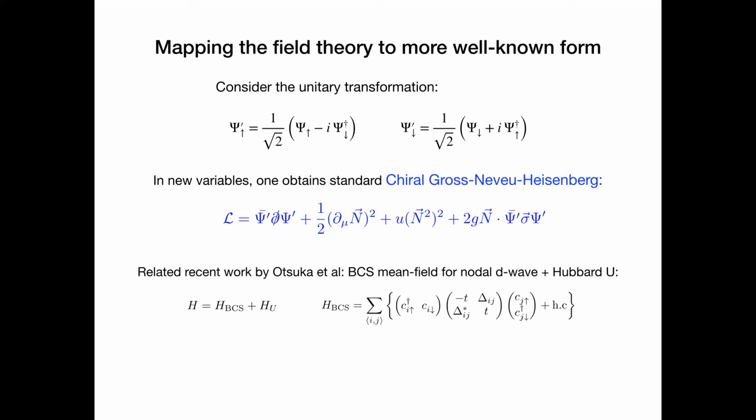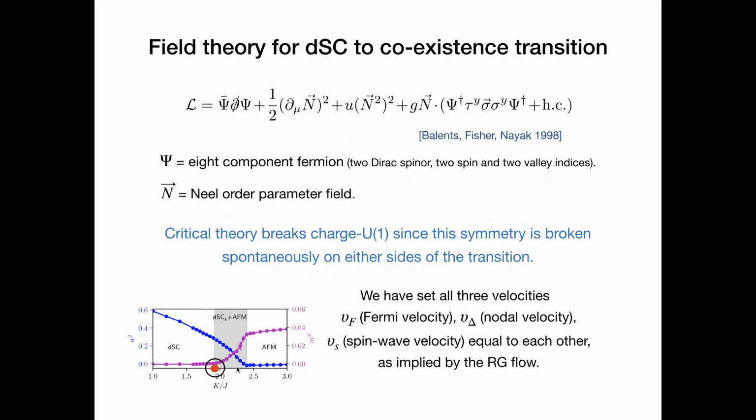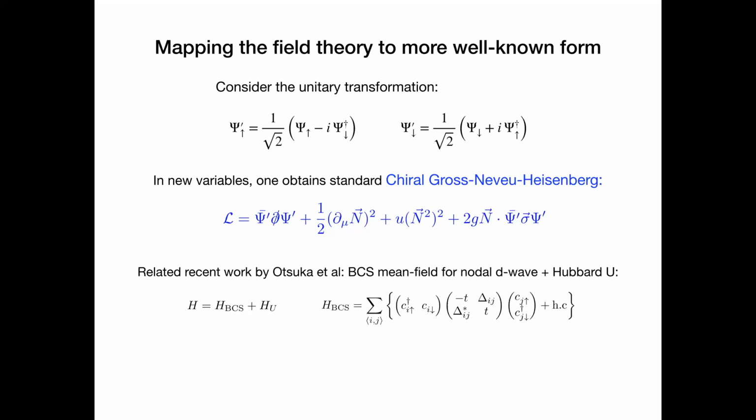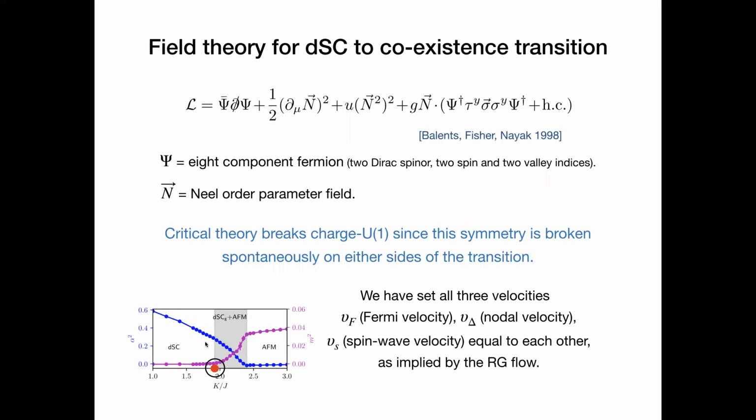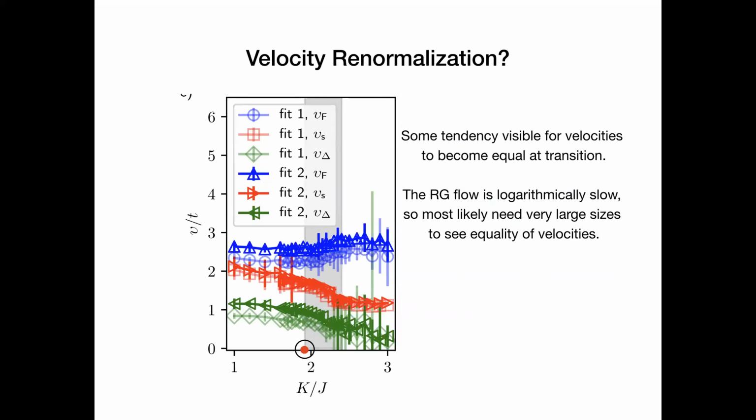If you think about the low energy theory of our transition, you will recover it from this model also. So you won't get our phase diagram, but if you're just interested in this specific transition, you can recover it from this, because the charge U1 is explicitly broken on both sides of this transition. So that's fine. Anyway, I thought I should mention this because this paper came out around the same time as our paper. And you can also try to study velocity renormalization.